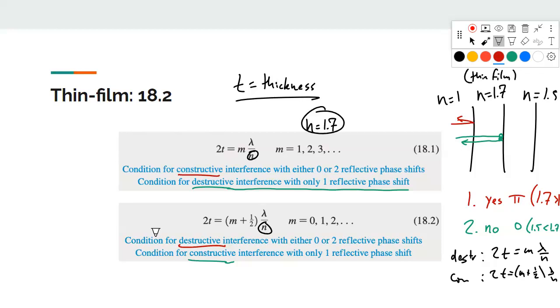Before, we would have the two waves synced up, but if only one of the waves has a phase shift, now it's flipped upside down. So when we would have expected constructive interference, now it's destructive, because they're still matching up, but now just opposite one another. The phase shift is pi.